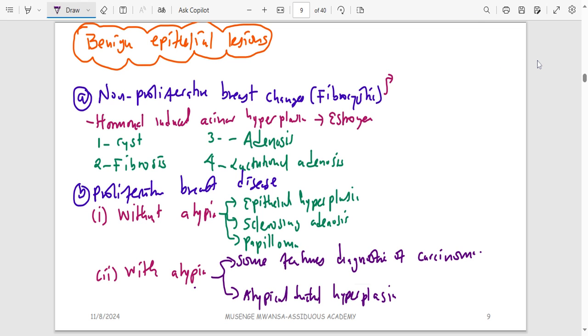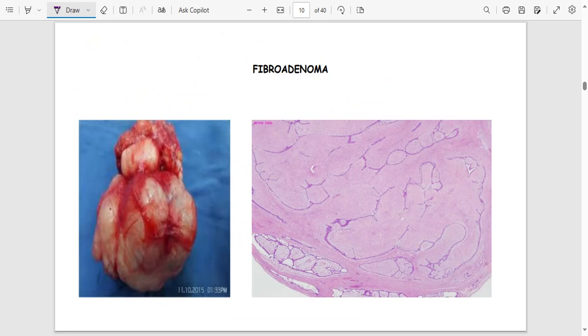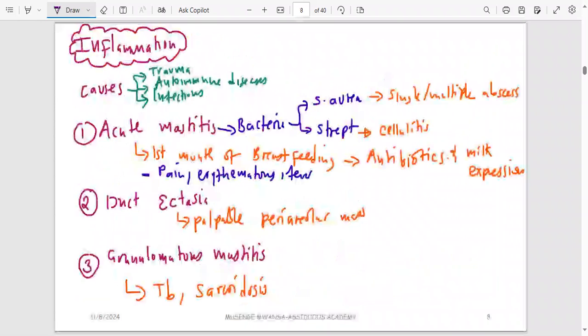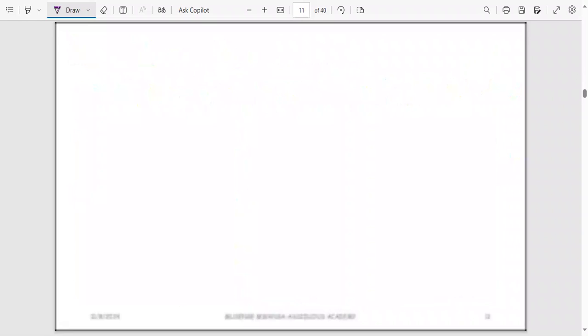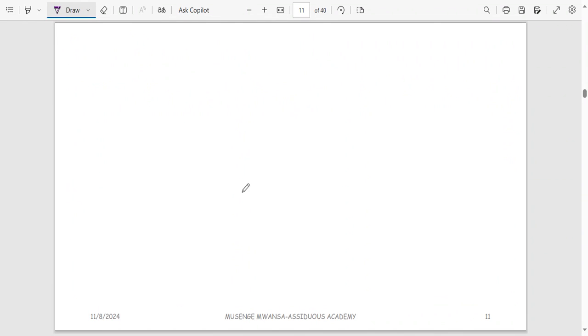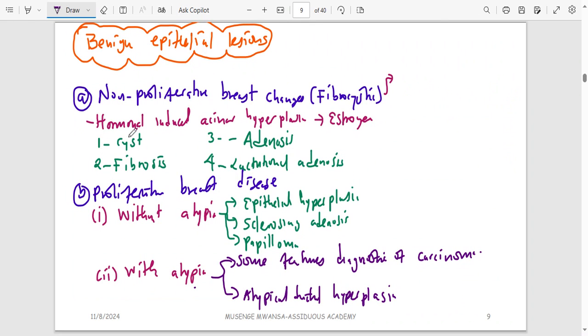Okay. So before we go to even the actual cancer, let's talk about just two things: gynecomastia and fibroadenoma. Remember what we mentioned here for the non-proliferative breast changes. Can you see that we had adenosis and we also had fibrosis?